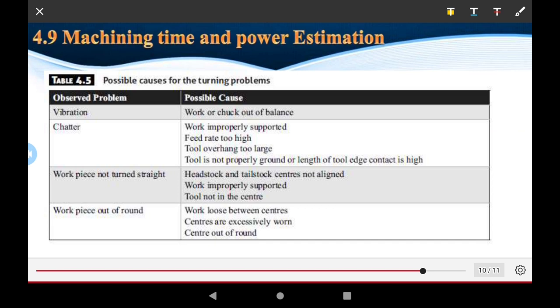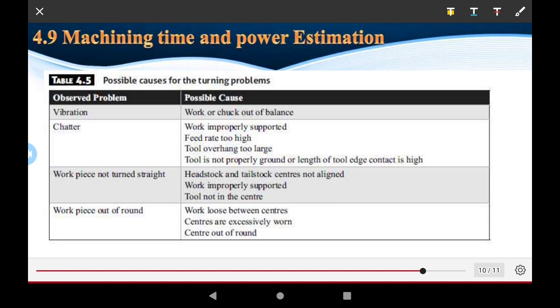This is also for considering the job on the headstock and the tailstock, center alignment properly. The one objective of all the manufacturing operations is the important objective of planning the work before starting the operation.